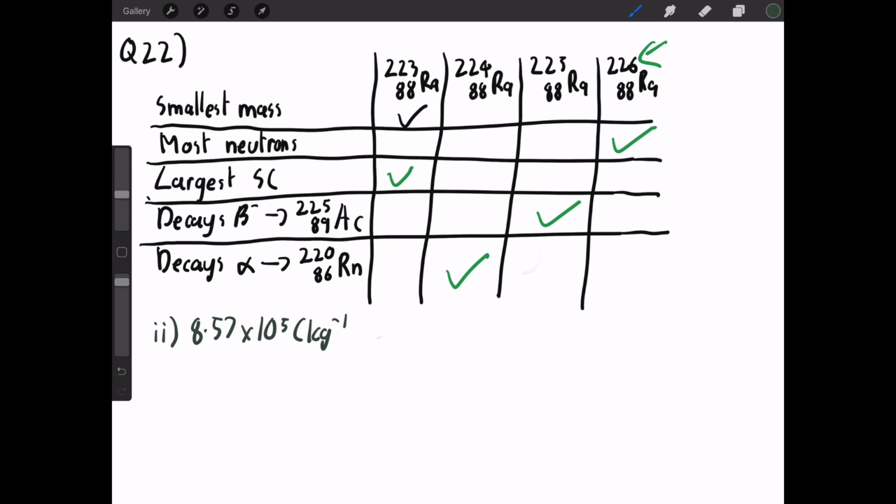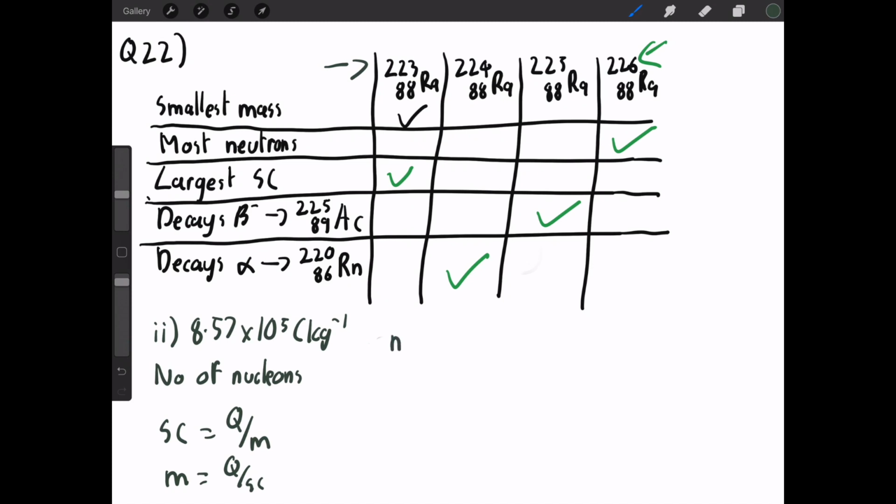So to do this, I'm going to work out the number of nucleons, because if I get the number of nucleons, I'll be able to match it up to this top row here and identify which isotope it is. Remember, specific charge is the Q over M ratio. So the mass is Q over specific charge.